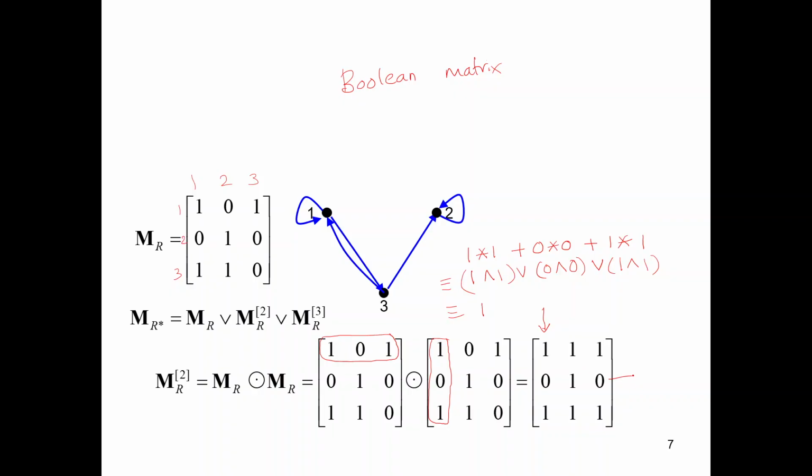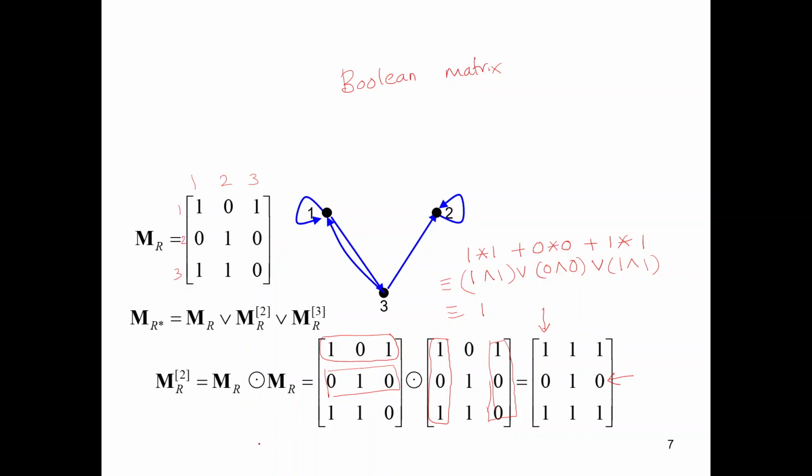Now let's examine an entry which gets a 0. So this is row 1, column 2. We'll take row 1 and we will take column 2 to obtain this. If we find the product of this, I will draw it below.